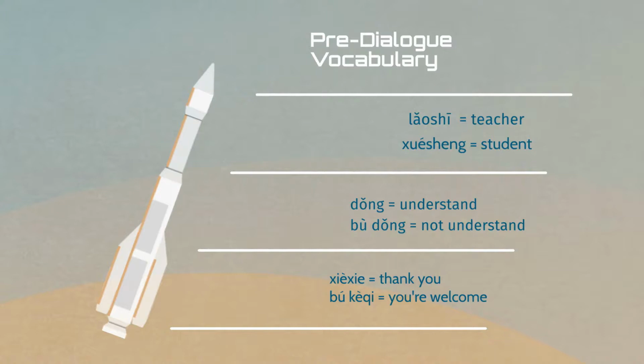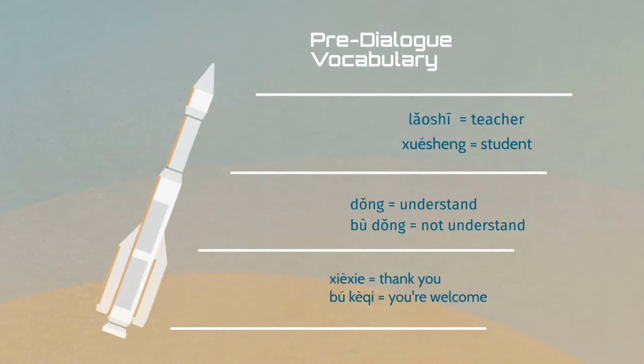Couple notes about these words. 老师, if you're taking a class somewhere, you should refer to your teacher as 老师, not their name. This is the more formal and polite way to do it. So if your teacher comes in, you say 老师 or 老师好, how is teacher? 学生. In class, you'll want to use this: 我懂, I understand, or 我不懂, I don't understand. 谢谢.